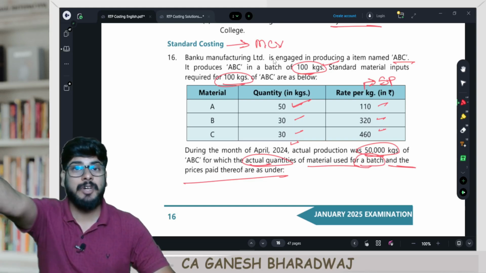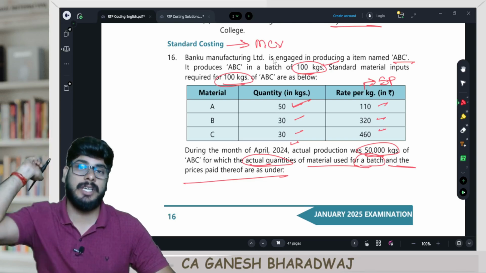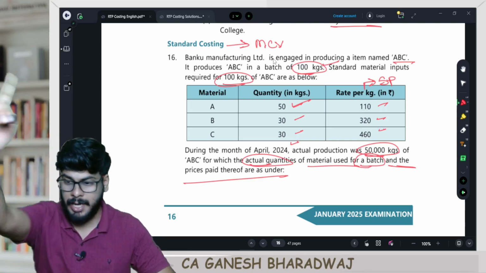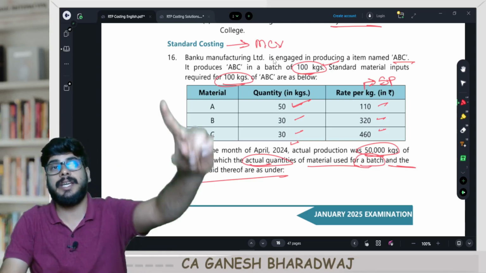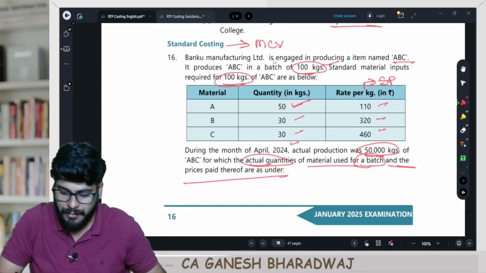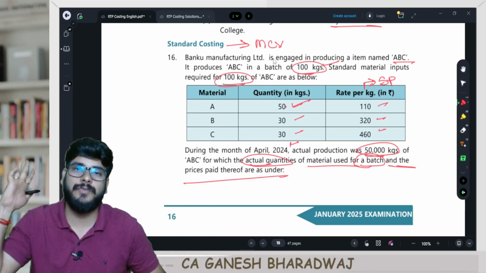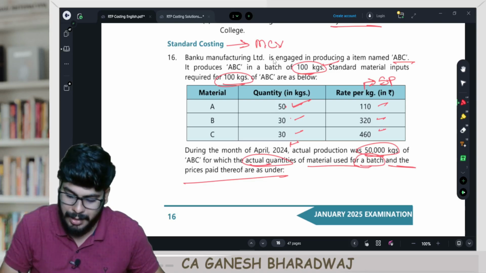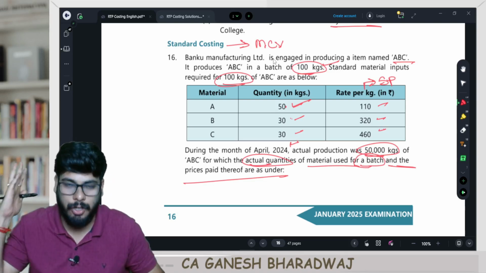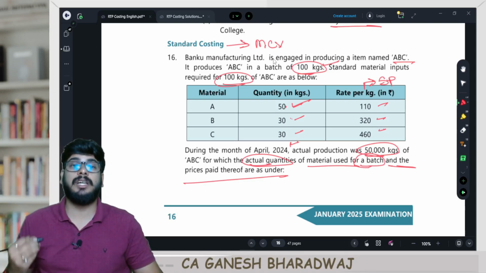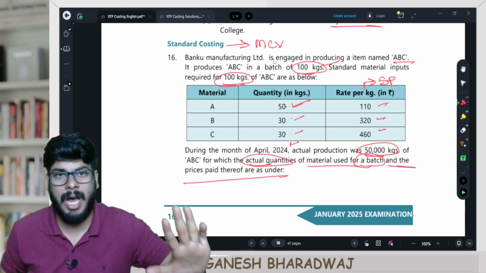Then I have actually produced how many kgs? 50,000 kgs of output. So for 50,000 kgs of output, how many kgs of A should have been consumed? 50 divided by 100 into 50,000. Clear? Similarly, for B, it's going to be 30 divided by 100 into 50,000. C is going to be 30 divided by 100 into 50,000. Are you clear with this?